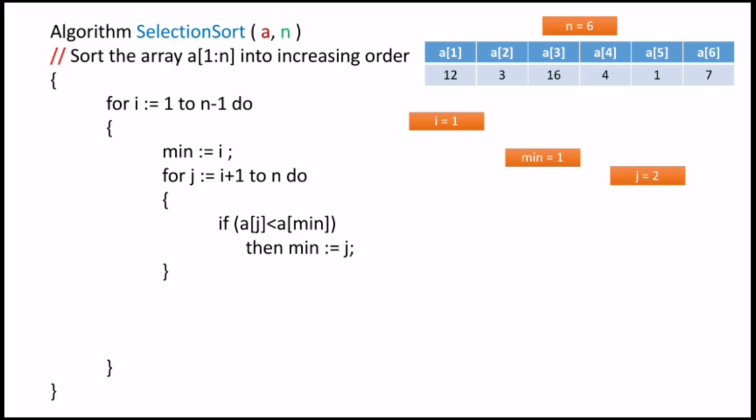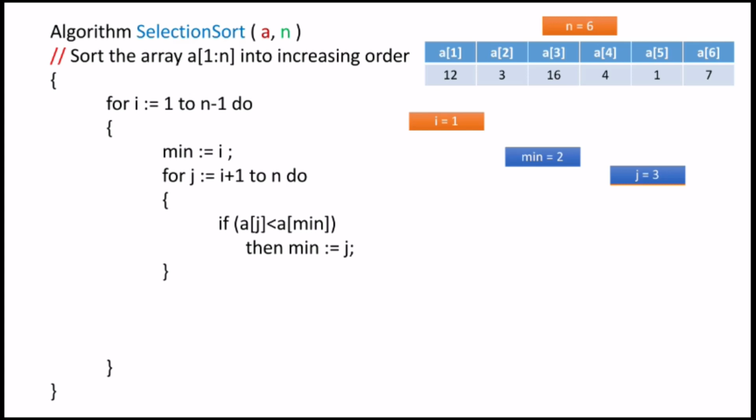So this is the statement, and now the value of min will be 2. Now the value of j will be incremented by 1. So j is now 3. Now again we will compare the third number with the value present on minimum position.